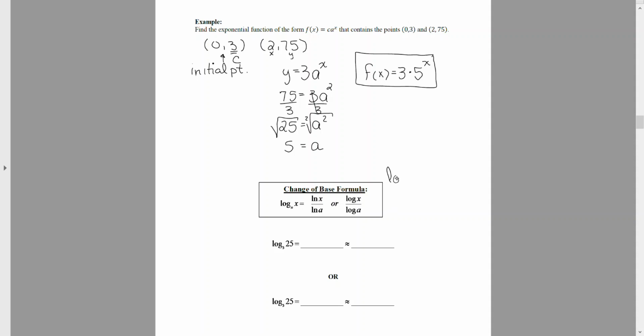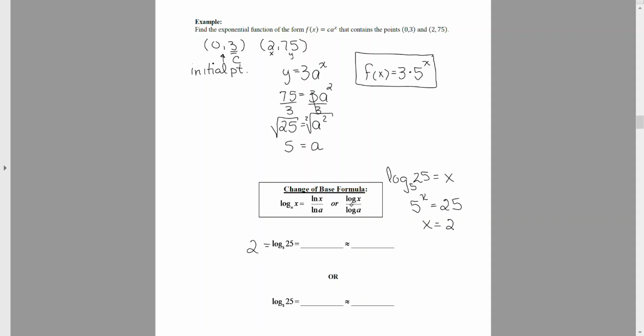I can think about that and come up with the answer for that, because remember, this is looking for the power that you would take 5 to give you the answer of 25, or 5 to what power gives me 25. And the value of that x would have to be 2. We can kind of do that by inspection. So I should come up with an answer of 2.